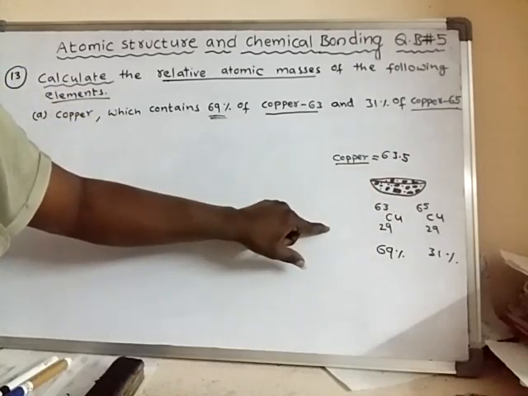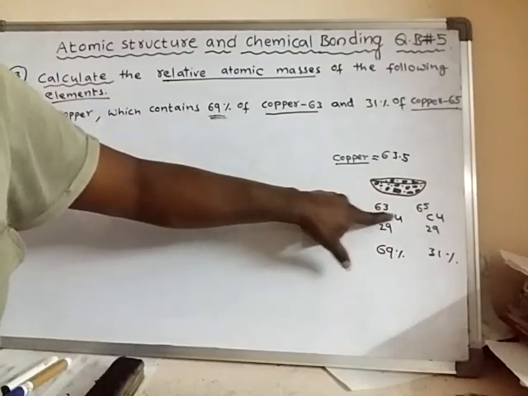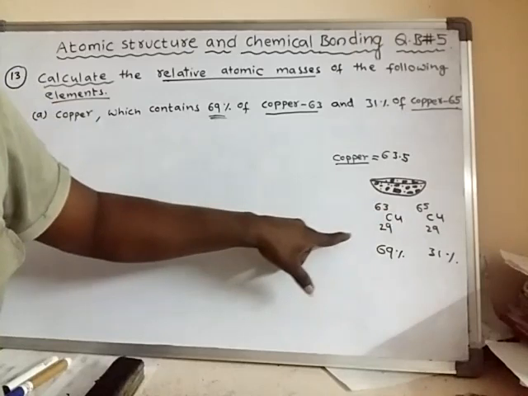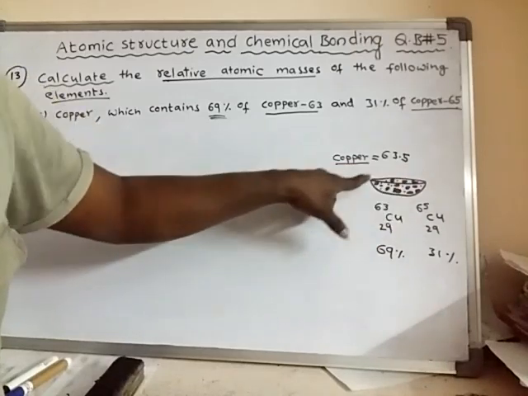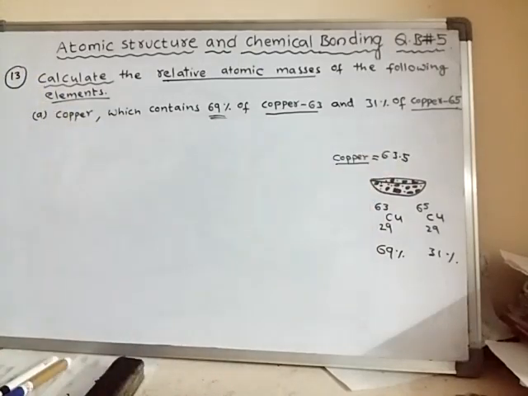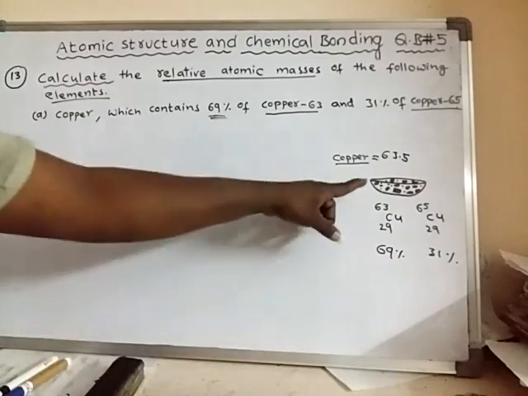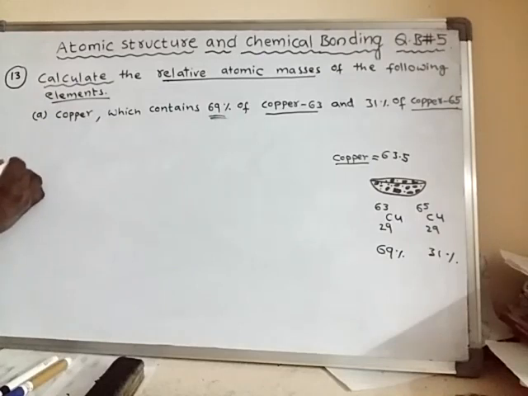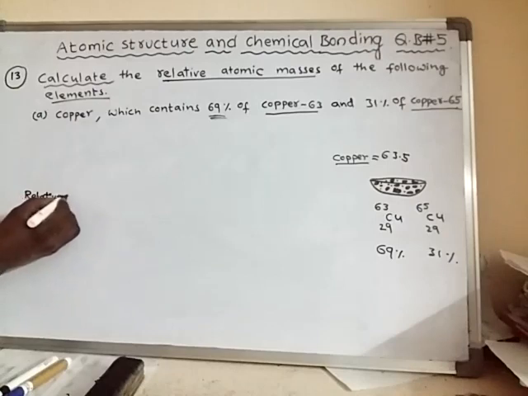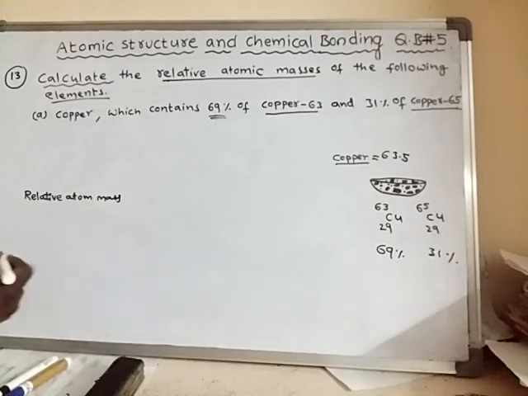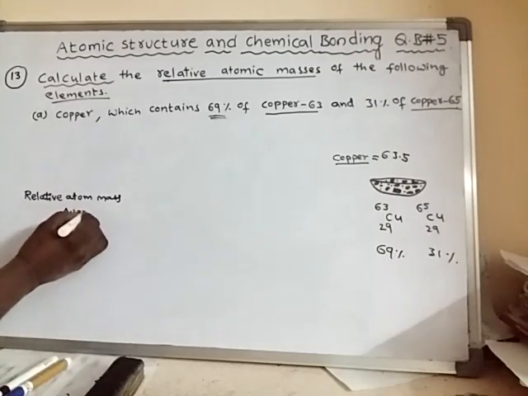We take the average of the atomic masses of these two atoms, and after calculating the average, we get the value of copper as 63.5. That average is nothing but the relative atomic mass. Relative atomic mass is nothing but average atomic mass.